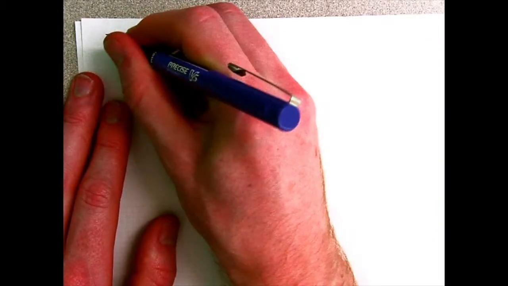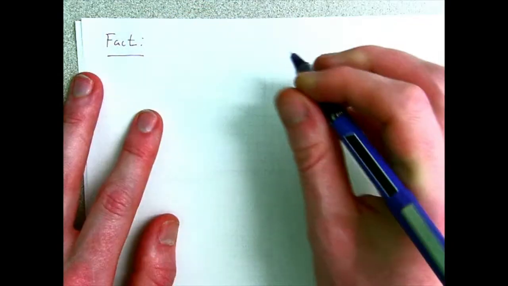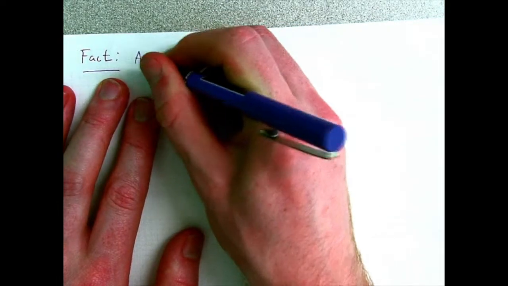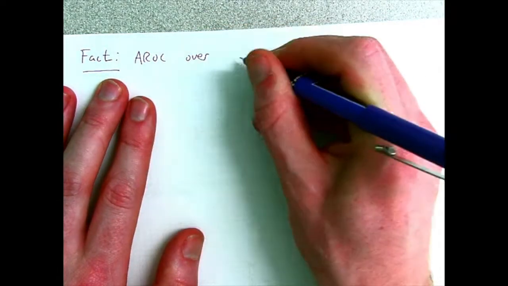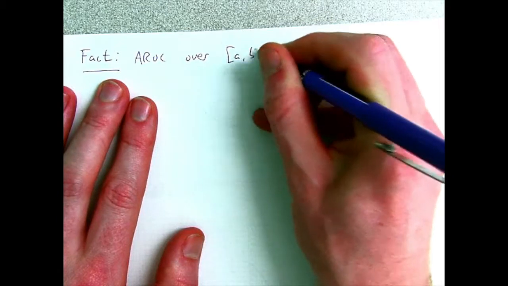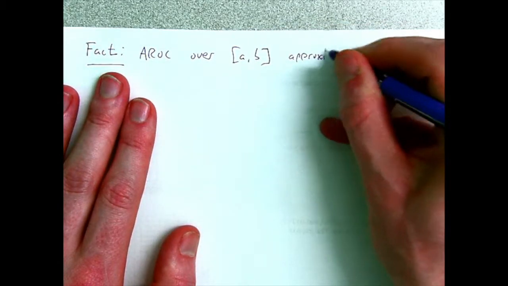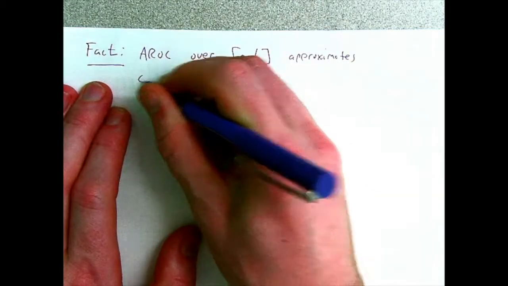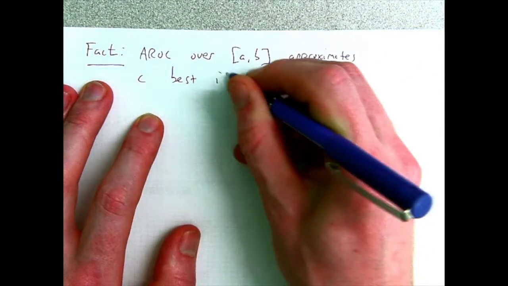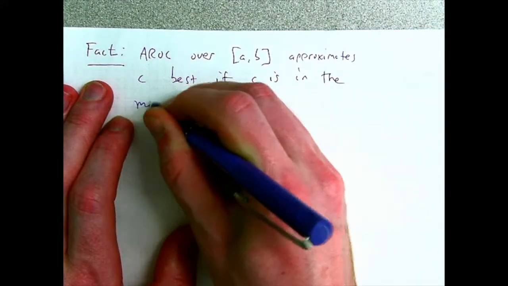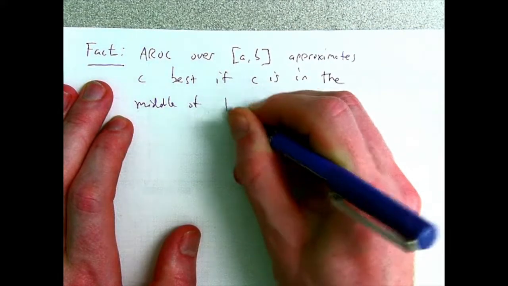And that's the following. It's that the average rate of change over some interval AB approximates c best if c is in the middle of the interval.